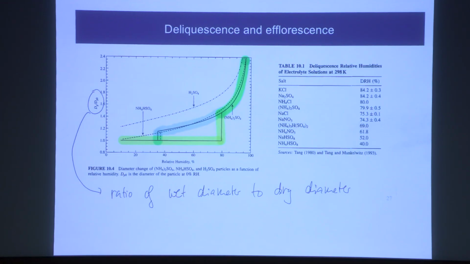And so that phenomenon is called hysteresis. Then the going forwards and going backwards is not the same, right? So you're not going on the same path. So we have a little hysteresis effect here. So this would be called the deliquescence relative humidity. And that's the efflorescence relative humidity.